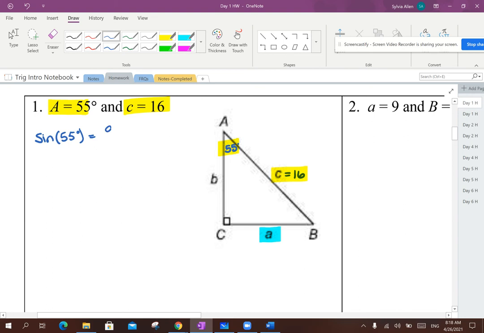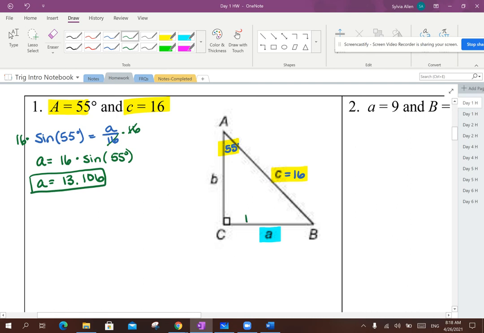And so it's opposite over hypotenuse. And then from here, I'm going to multiply by 16. So I am going to get A is equal to 16 times sine of 55 degrees. And we go to 3 decimal places and we get 13.106. Okay, so now I can fill that in.